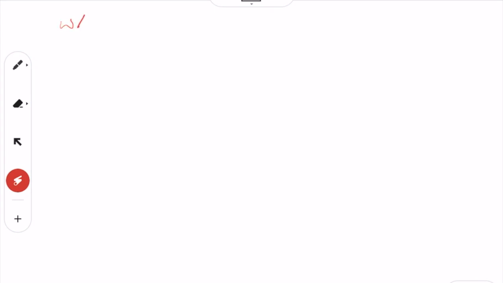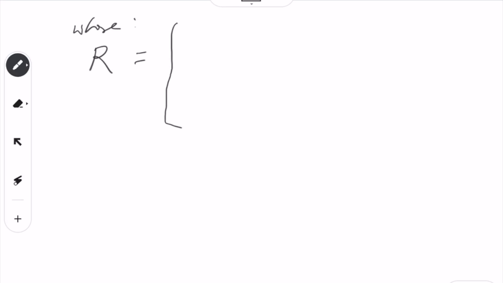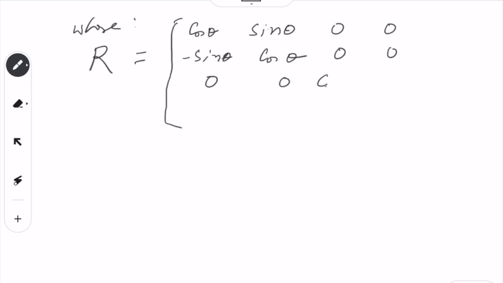Yeah, so I am going to write R directly. So we say this R is equal to, as I explained, cos theta, sin theta, 0, 0, then minus sin theta, cos theta, 0, 0, then 0, 0, cos theta, sin theta, and 0, 0, minus sin theta, cos theta.